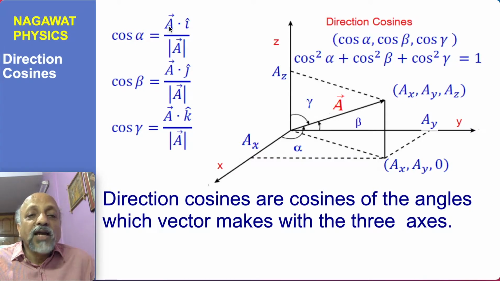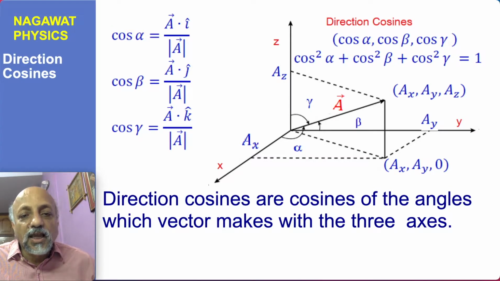Or you can express and obtain the x, y and z components using the dot product. The x component can be obtained by taking a dot product with i cap, the y component with j cap, and the z component with k cap, which are the unit vectors along the x, y and z directions respectively.